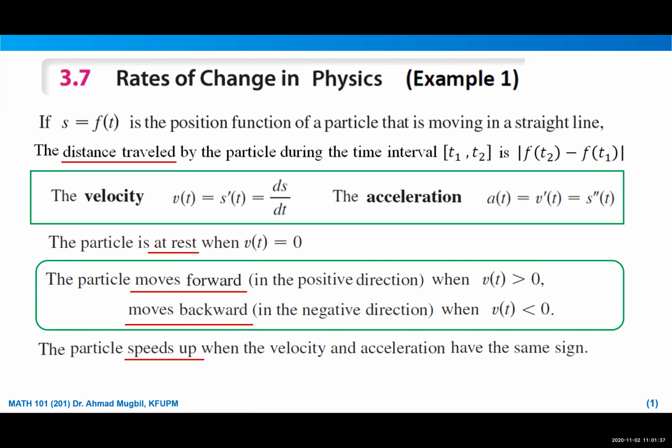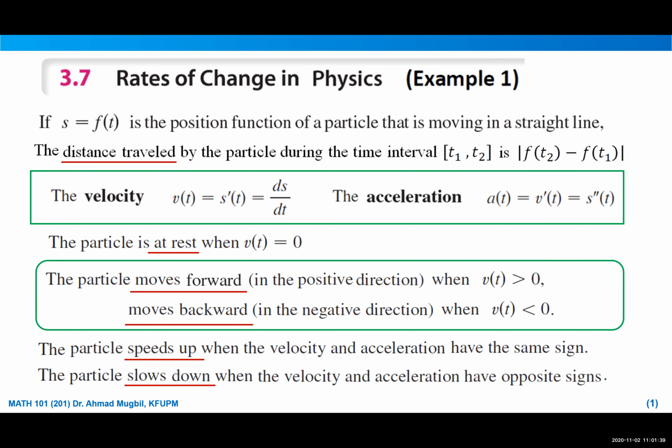And finally, the particle speeds up when the velocity and the acceleration have the same sign, when they are both positive or both negative. And this will happen, of course, when the velocity is positive and increasing or negative and decreasing. And of course, they slow down when the velocity and the acceleration have opposite signs.